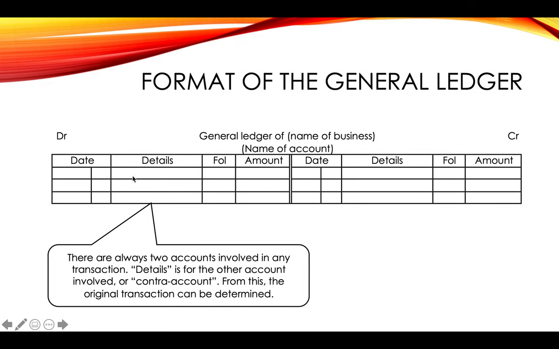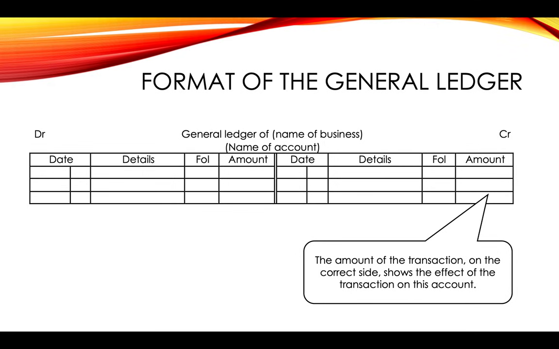So this details column will tell you the name of the contra account. Contra just means other, so it's the other account involved. And so by looking at that, a combination of where you are, what you are doing to the account, increasing or decreasing it, and what the other account is, you can actually recreate what the original transaction was for yourself.